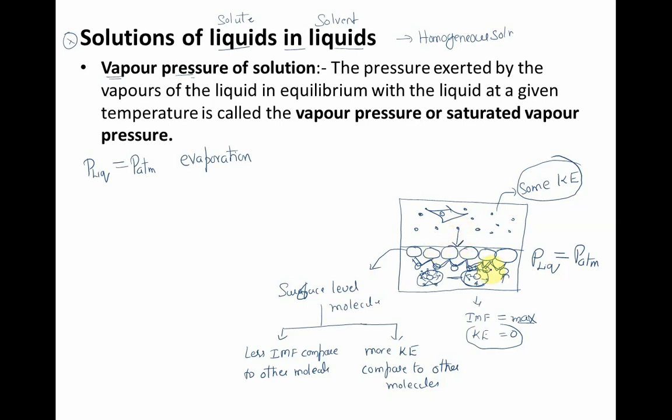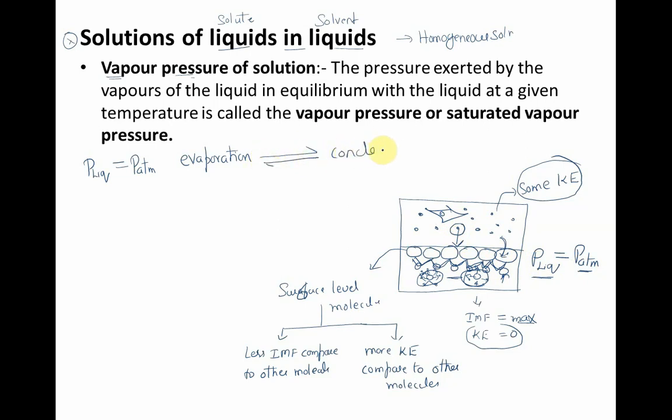As soon as a molecule reaches the surface of the liquid, and if the pressure of the atmosphere again becomes exactly equal to the pressure of the liquid, and if the intermolecular forces increase, the evaporated molecules get condensed.